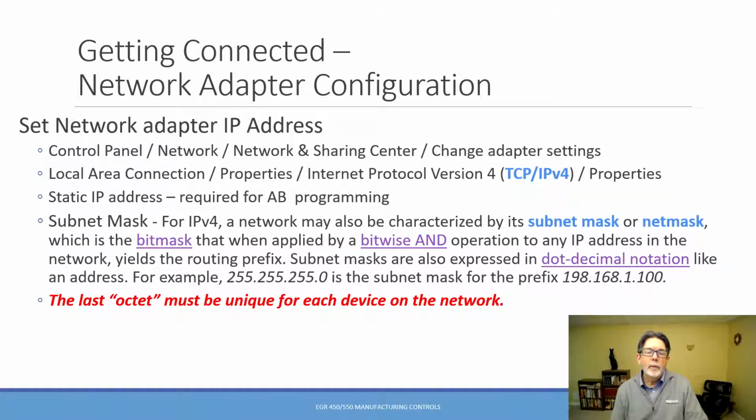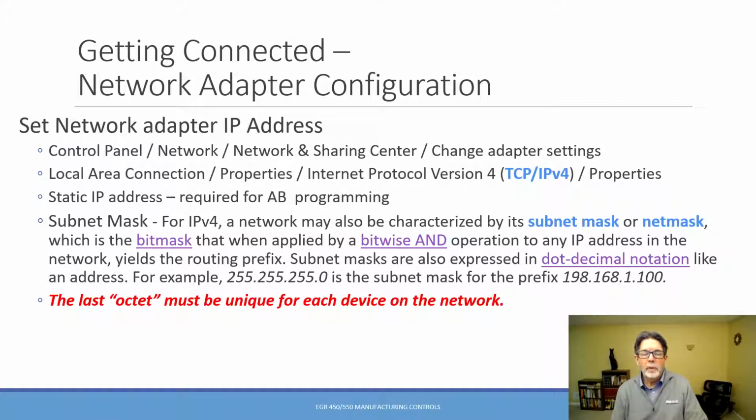So we want to filter out everything except those IP addresses which match the first three octets, which in the example here would be 192.168.1. And then the 100 is the last octet.